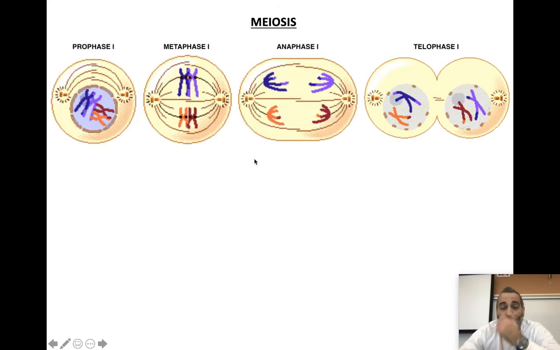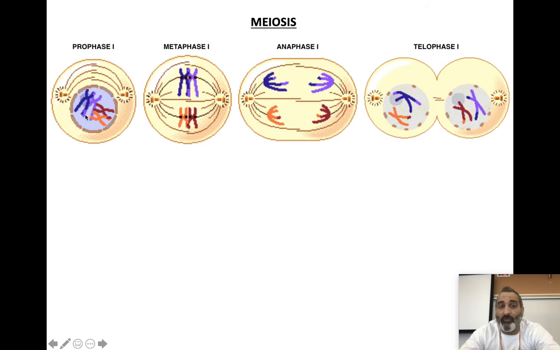Now, meiosis, and this is showing you part 1. Part 1 is the only part I really go over. The reason I don't go over part 2 in as much detail is part 2 of meiosis is identical to mitosis, except for one thing. You don't start with 4 chromosomes. You start with 2 chromosomes. So meiosis part 1, you have tetrads in prophase 1.